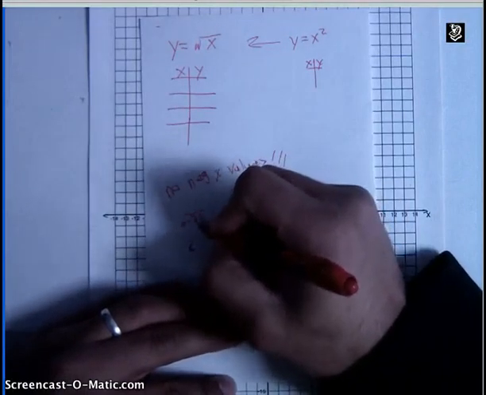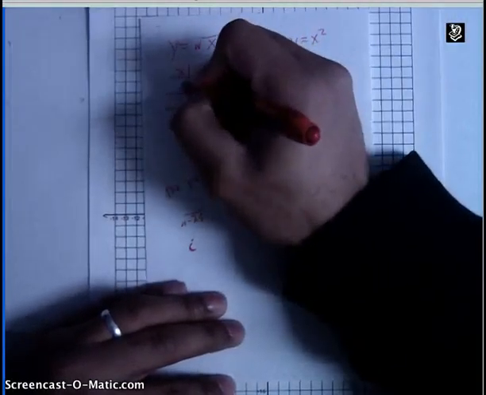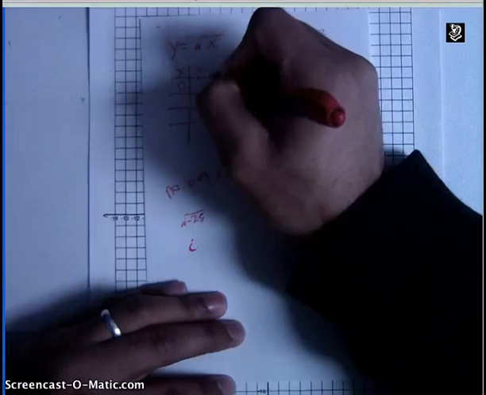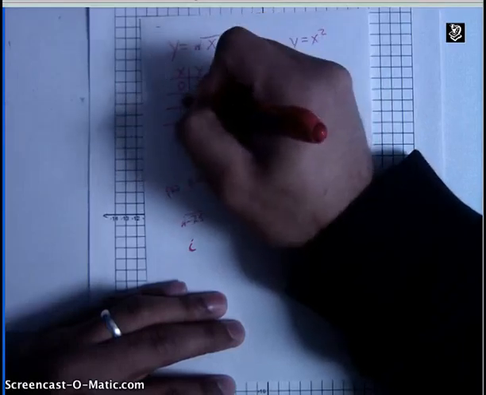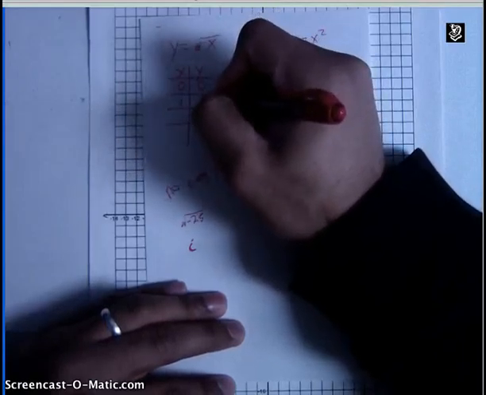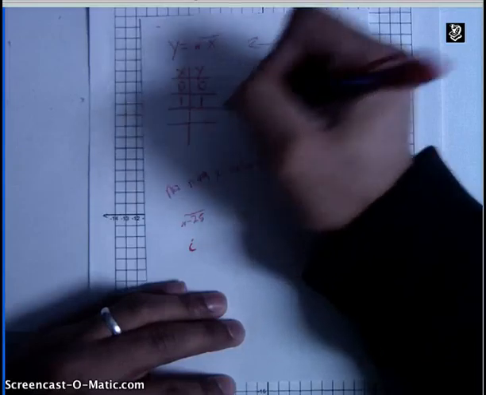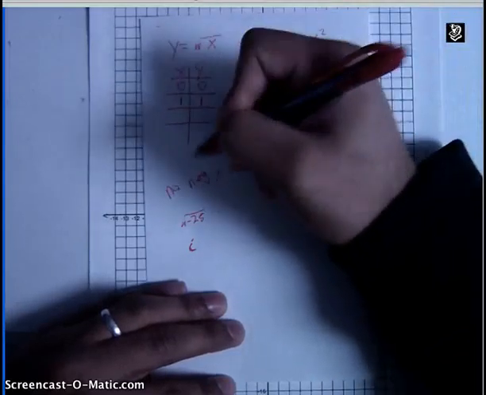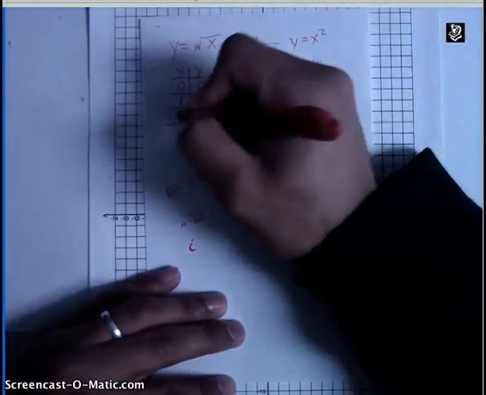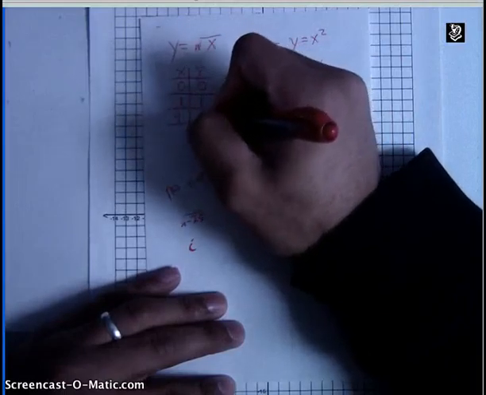So no negative numbers. So we can pick 0 because I know the square root of 0 is just 0. And I pick 1. Well, the square root of 1 is 1. Square root of 2 is a decimal, so I'm not going to use that. Square root of 3 is a decimal. I'm not going to use that. Square root of 4, though, I know it's 2.